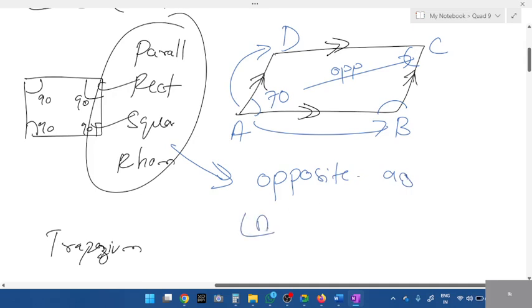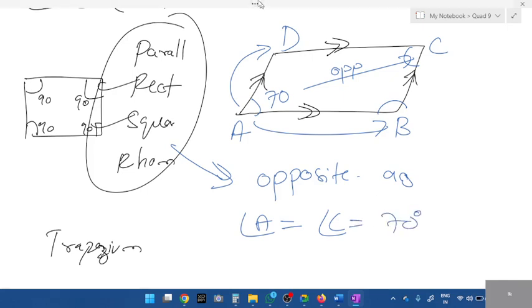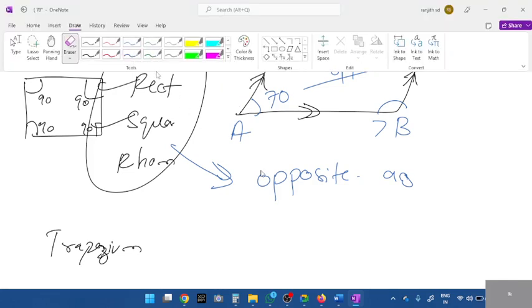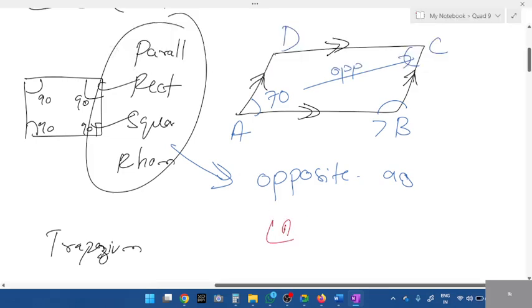How do you solve this question? Angle A is equal to angle C. According to this concept, in all these quadrilaterals, the sum of adjacent angles is equal to 180. Angle A plus angle D is equal to 180. If angle A is 70, what is angle D? 180 minus 70 is 110.